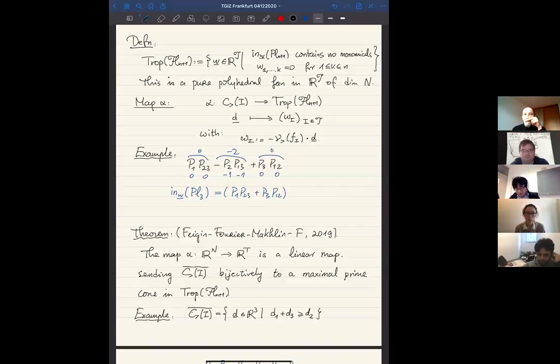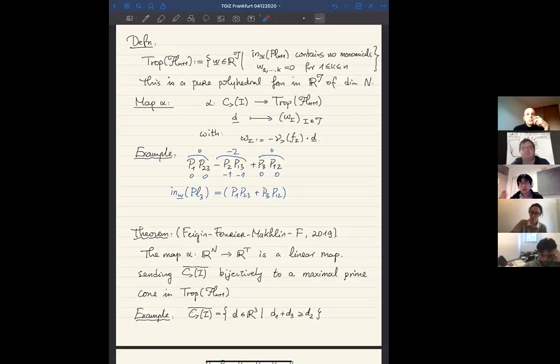So the theorem says that the map alpha is associating this from here to here. This is the linear map. It sends the closure of this cone bijectively to a maximal prime cone in the tropical flag variety trop F n+1.